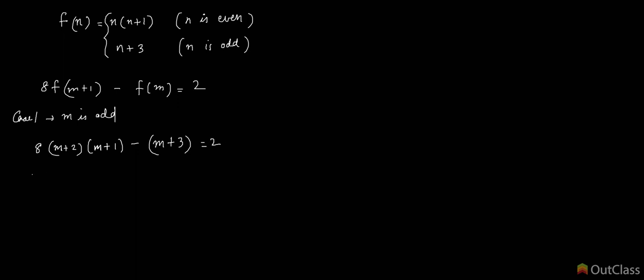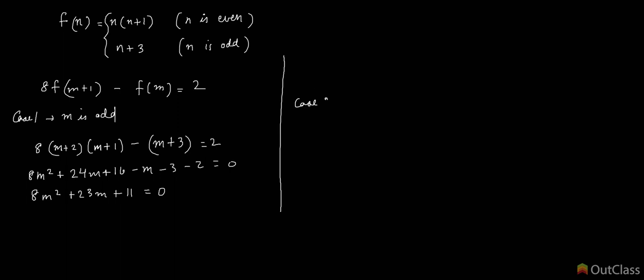This will give you 8m square plus 24m plus 16 minus m minus 3 minus 2 equal to 0. That will give me 8m square plus 23m plus 11 is equal to 0. I'm not sure if we have a nice easy integral solution to that. Let's look at the other case as well.